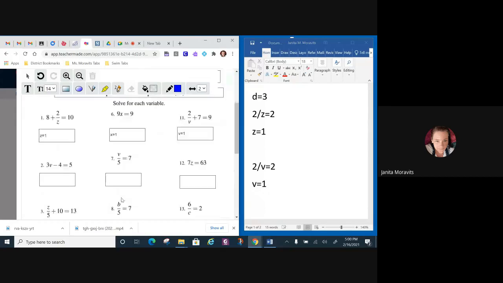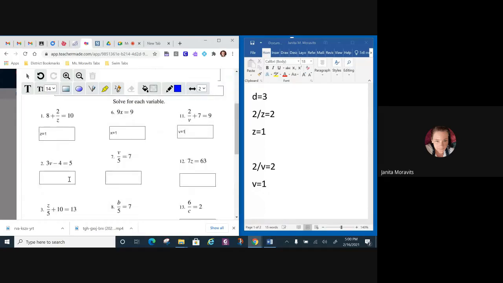All right. Let's do another. I'm going to let you do these on your own, but we're going to take a look at number 7 just to be sure here. All right, we have V divided by 5 equals 7. Now, if we're dividing by this, in order to make it go away, we're going to multiply.